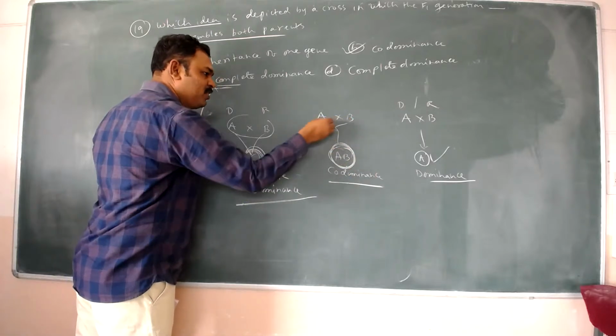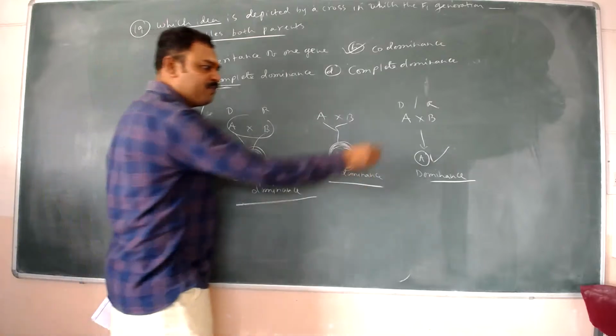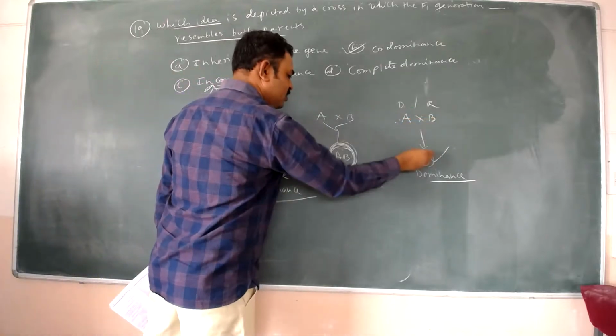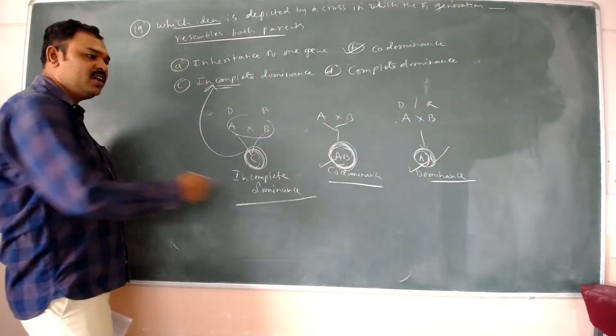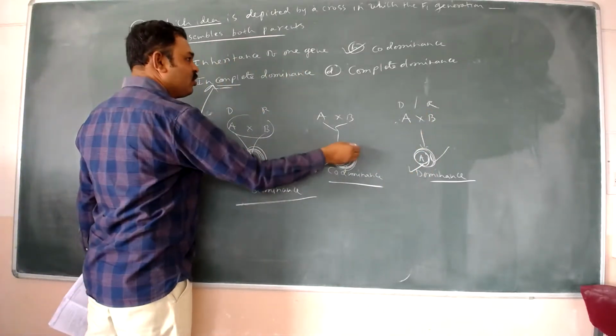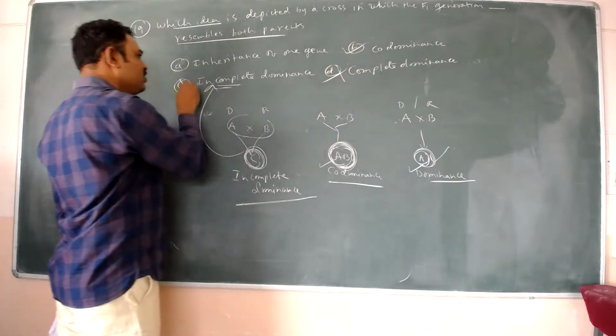If a cross is made between two individuals and both characters are seen, it is codominance. If the dominant parent character is seen, it is the law of dominance. Here, in our question, both parent characters are seen, so the answer is codominance.